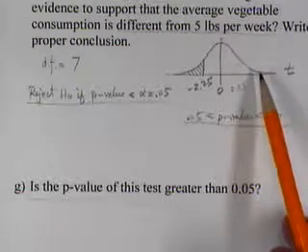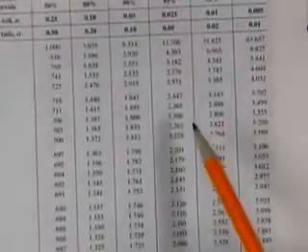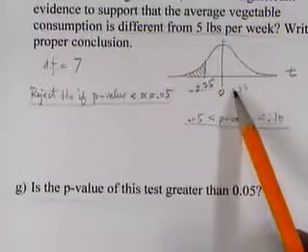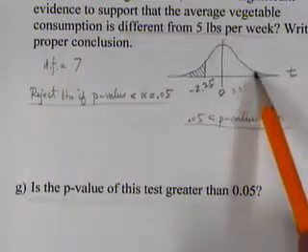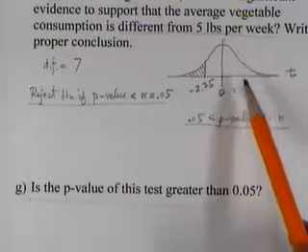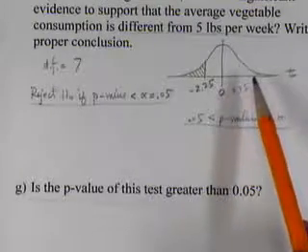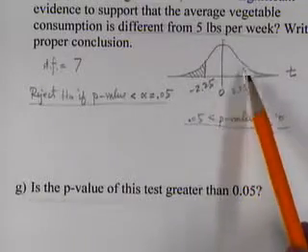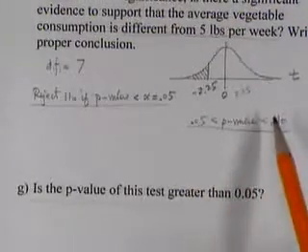Okay. If this point is 2.365, then 2 times this tail area is 0.05. But our score is 2.25. It's in between 1.895 and 2.365. So the two tail area is in between these two numbers.